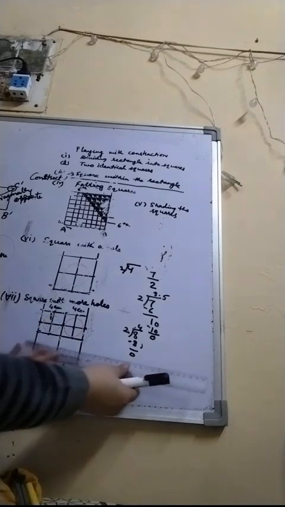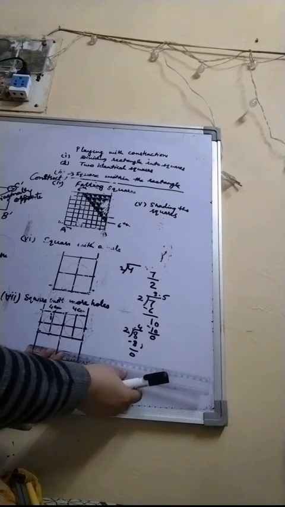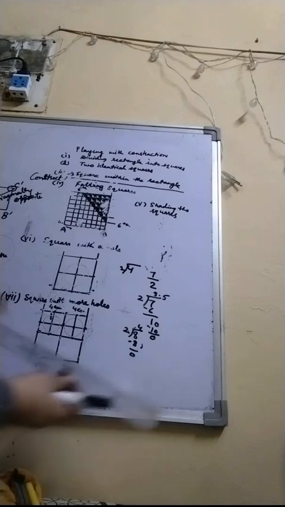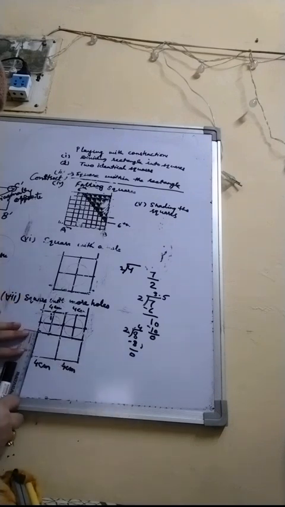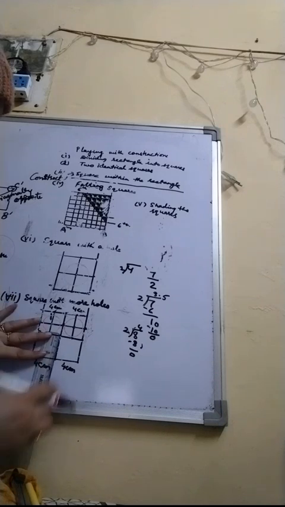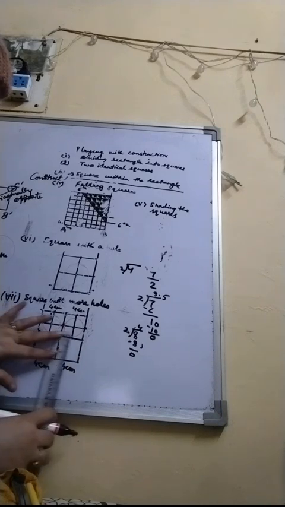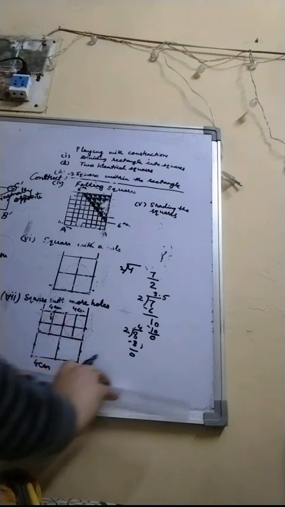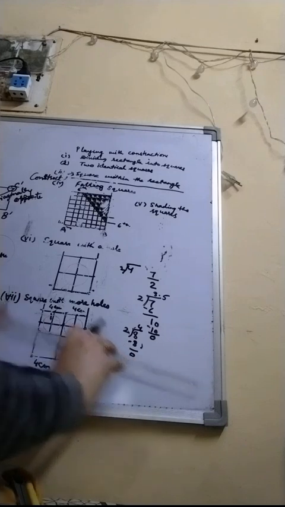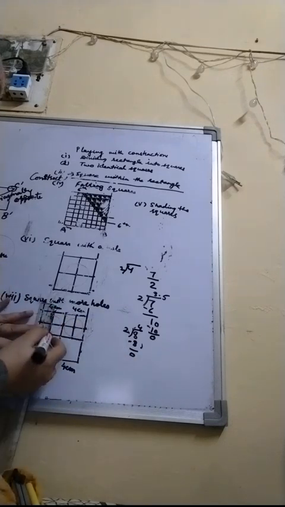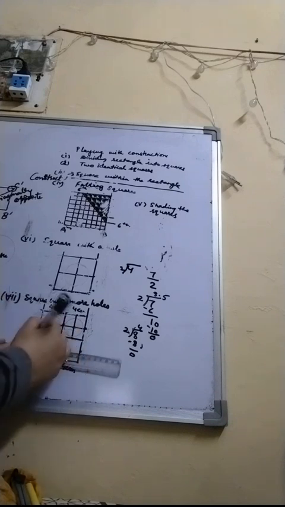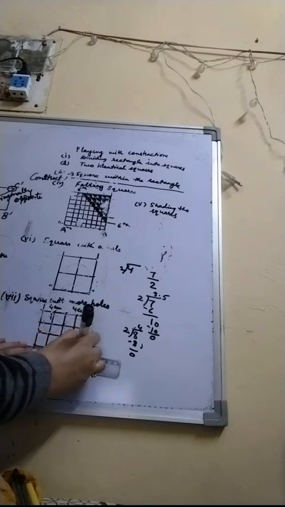Now in the second one also, here also we would first join the midpoints. Third square, the midpoint 2 centimeter, the midpoint 2 centimeter, the midpoint 2 centimeter here, and this is already joined, the midpoint we have got, so we would join it, and we will join here also.